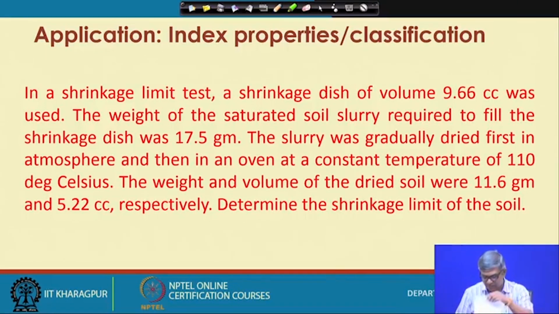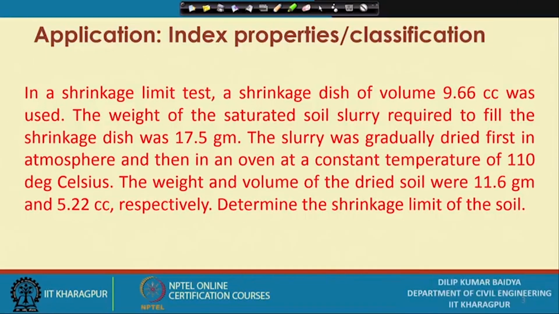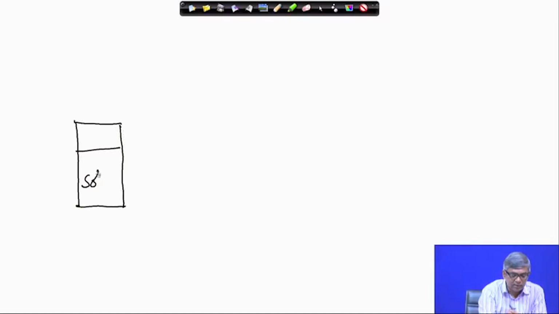So, this application we can do the way I have defined the shrinkage limit. Let me come to that first. Suppose this is the soil mass, and initially this was solid and this was water, and when water is removed from the mixture, the volume generally reduces.